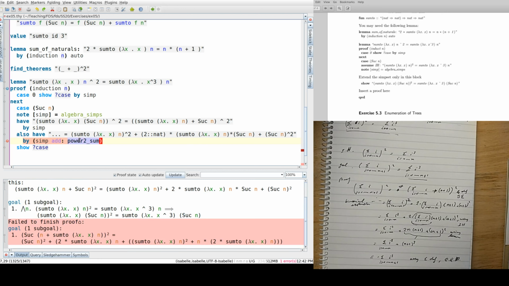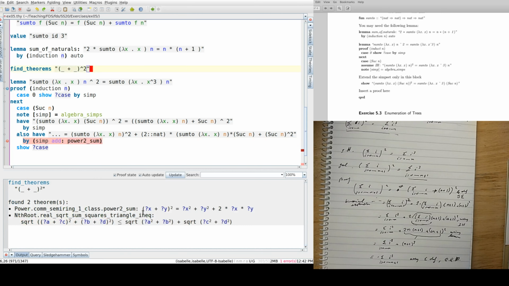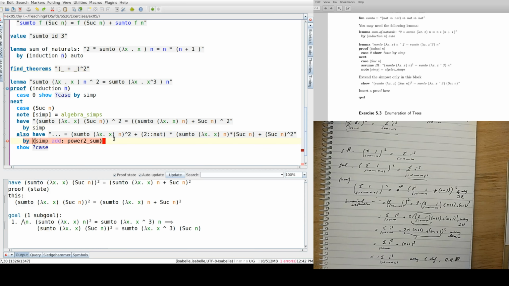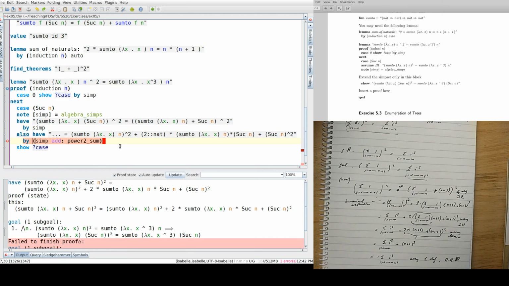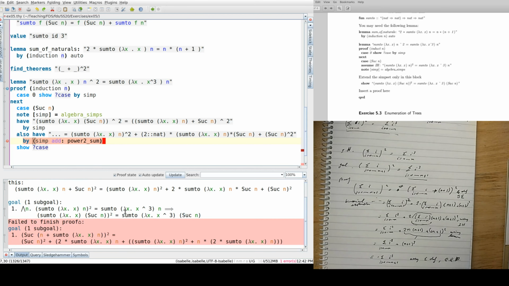The problem is that it couldn't rewrite with power to sum because here we have a Suc outside and then the addition inside, and all of it is raised to the 2, while in order to use power to sum, remember the theorem, you have to have the addition just in the parentheses before raising the power. So what happens is the definition of addition being unfolded before that is being applied.